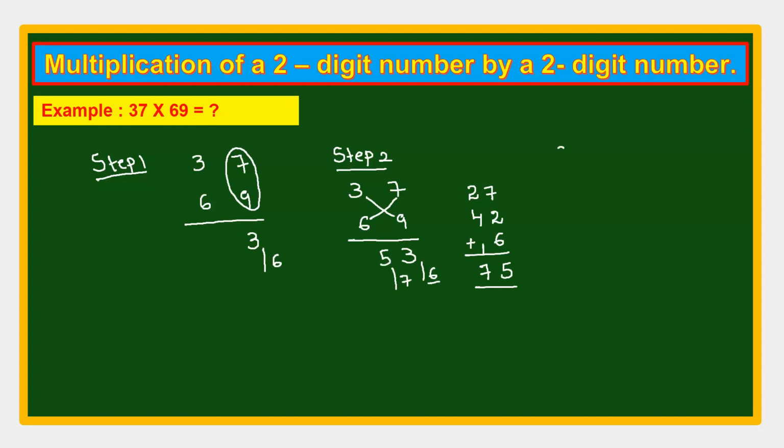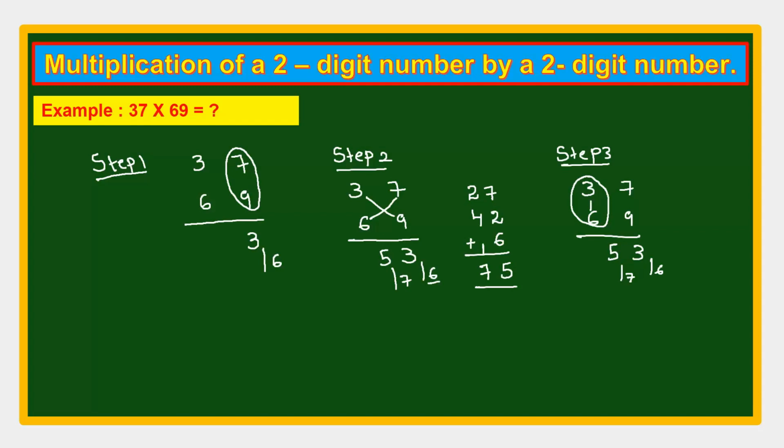And next, step 3. 37, 69. Already we got 53 here, carry forward 7 here. Right. In the last step we have to multiply these two, the tens digit of the multiplicand and the tens digit of the multiplier.